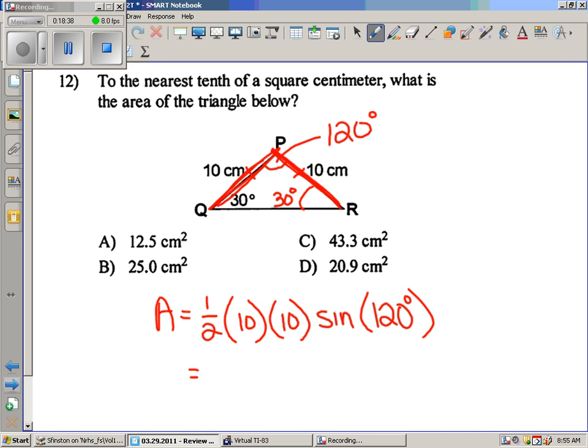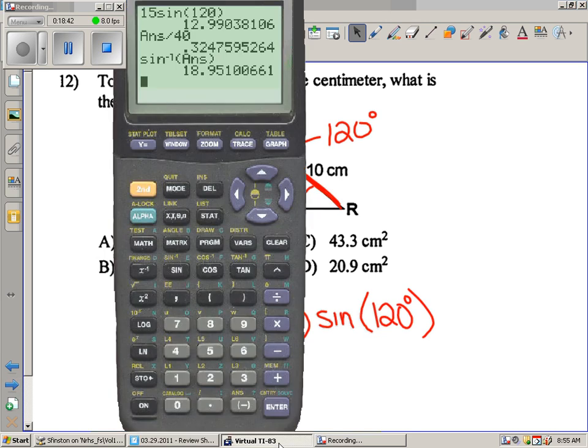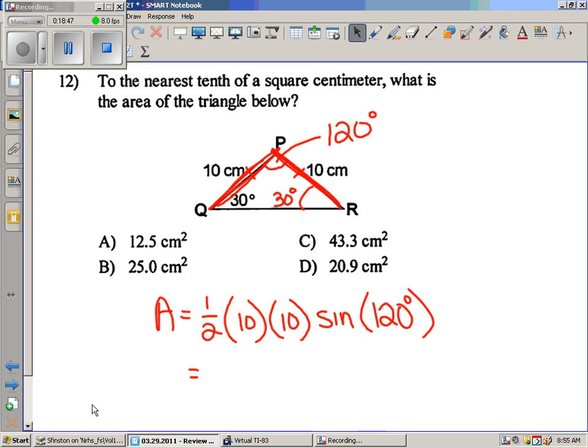Let's see, that's going to be, I wonder if I could do that in my head. I think I could. 25 times the square root of 3, and the square root of 3 is like 1.7.